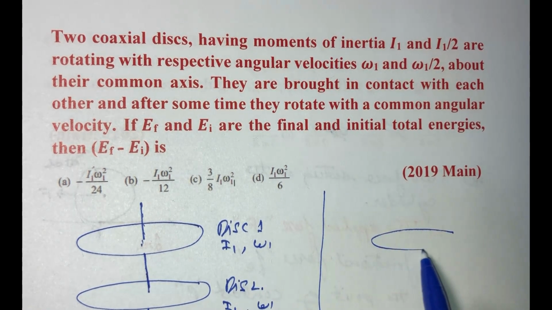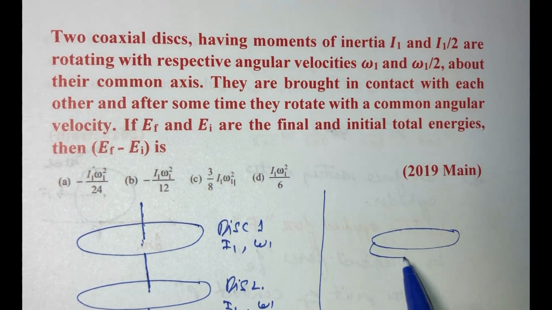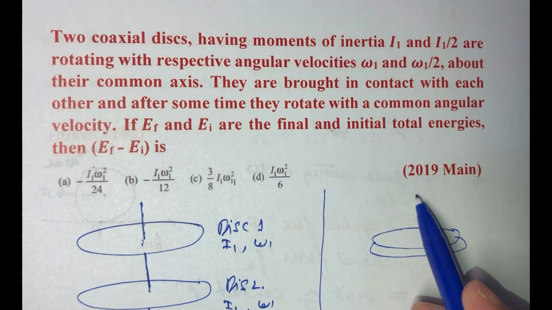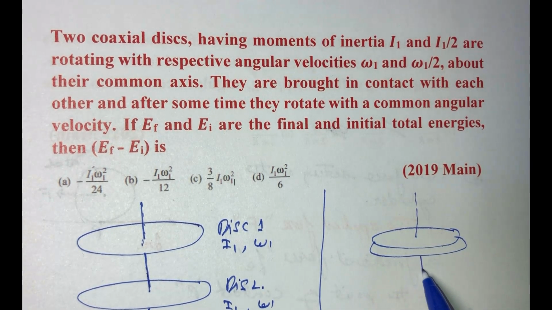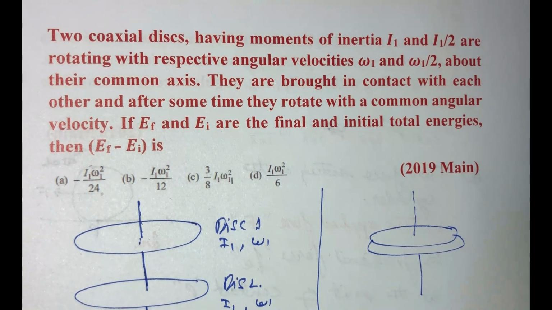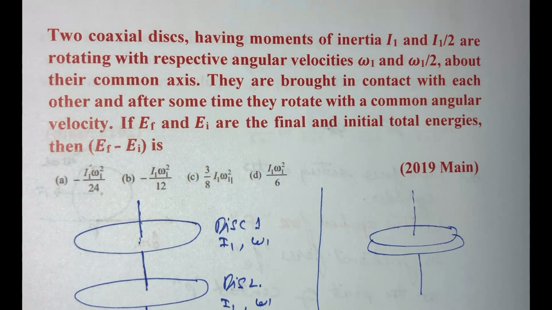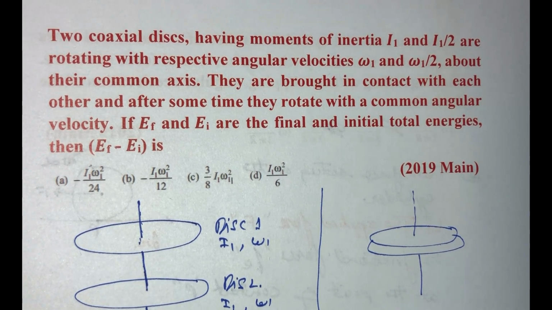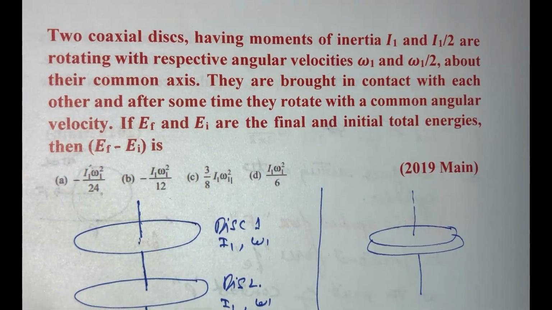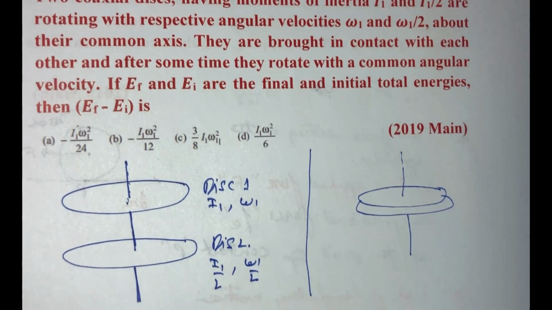And something like this, and they are rotating this way, and it is given that EF and EI are final and initial total energies. Okay.